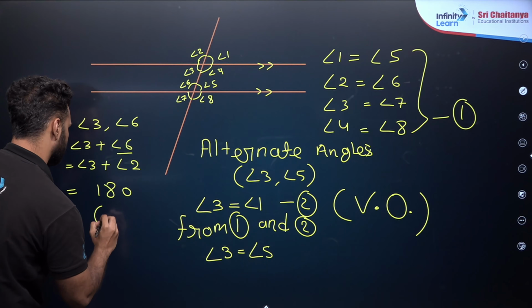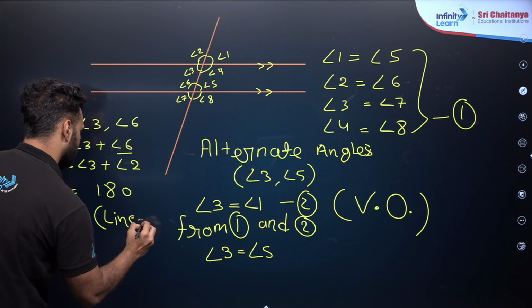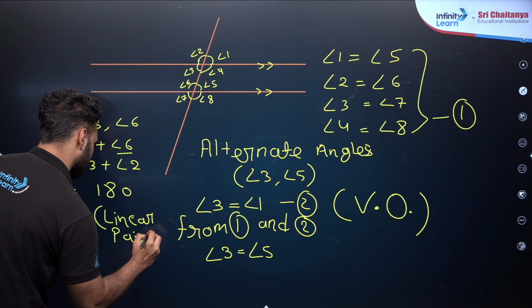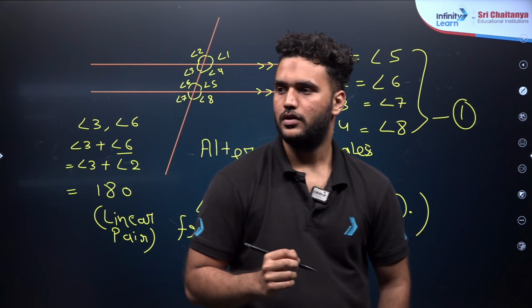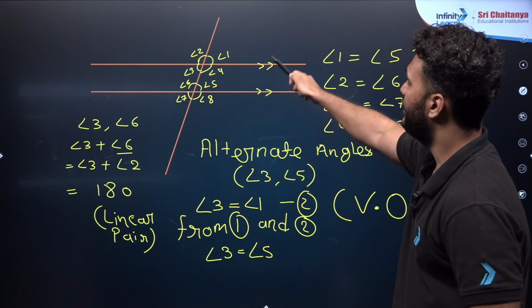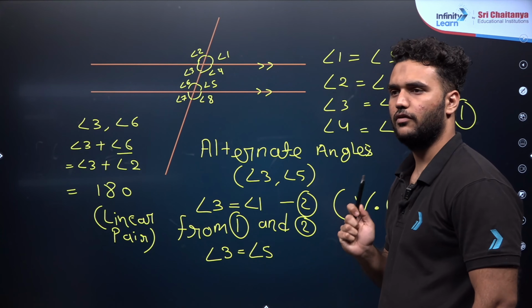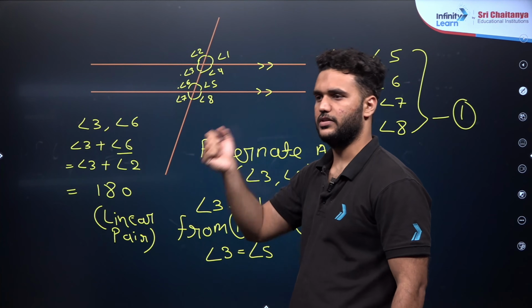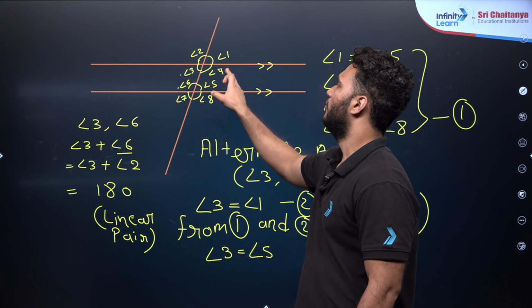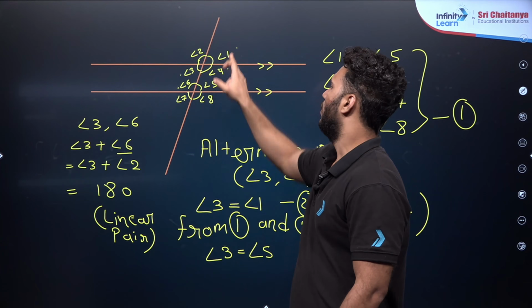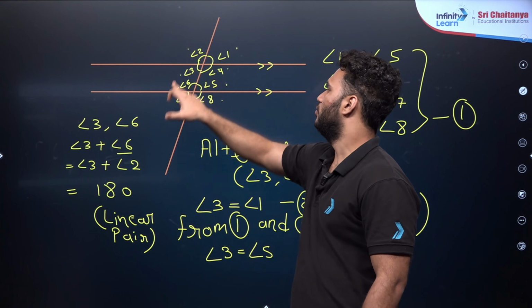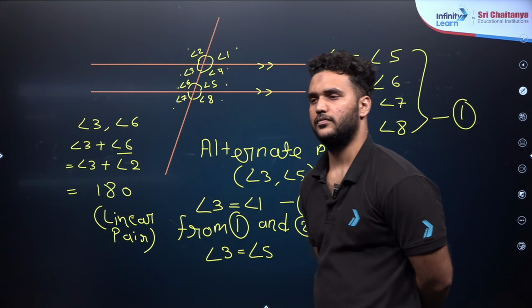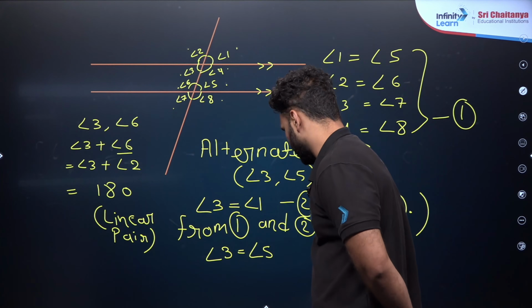Why? Linear pair. So we have also proved that the sum of the interior angles is 180. That means 3 plus 6 is 180, 4 plus 5 is 180, 1 plus 8 is 180, 2 plus 7 is 180. Any doubt till yet, anyone?